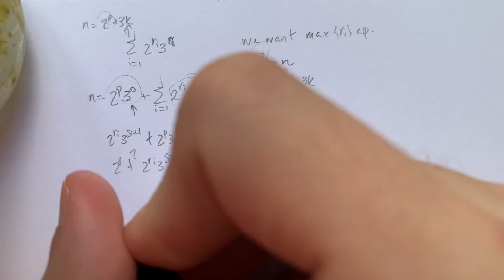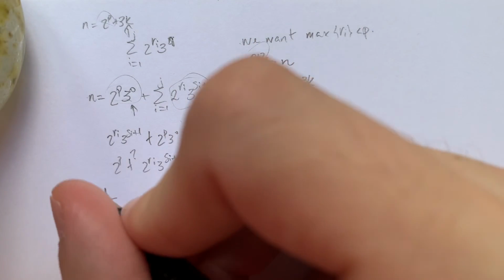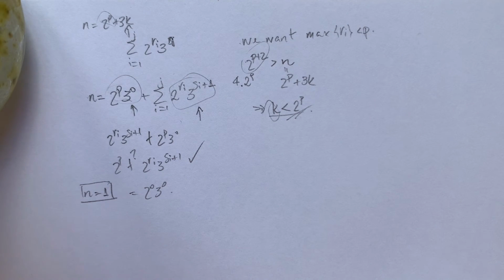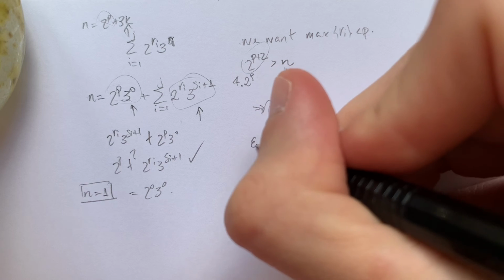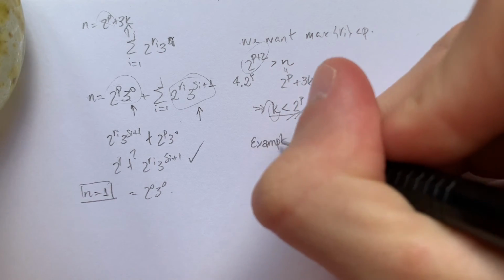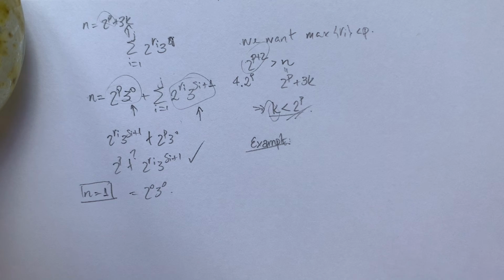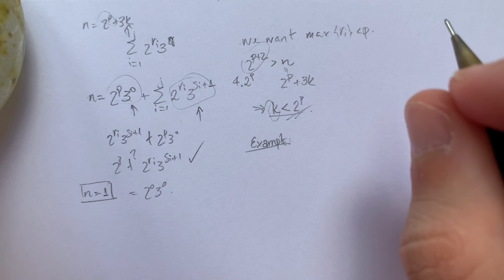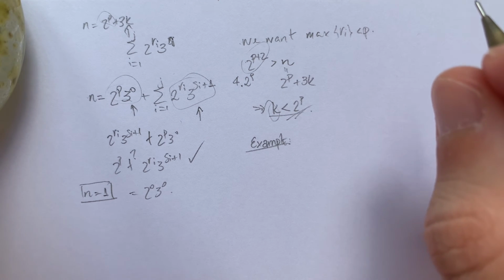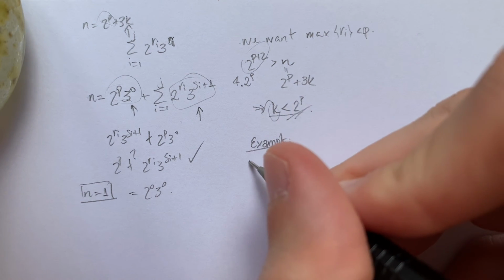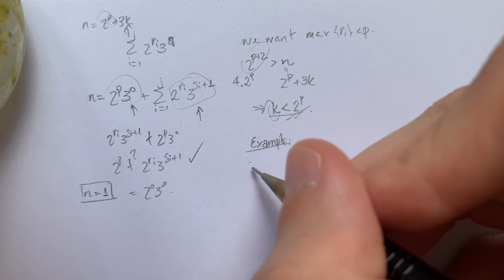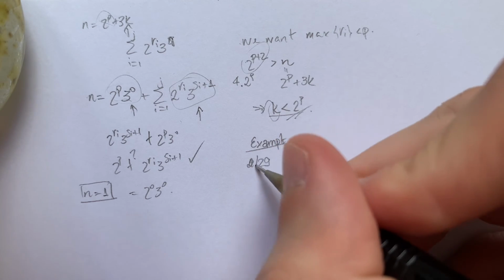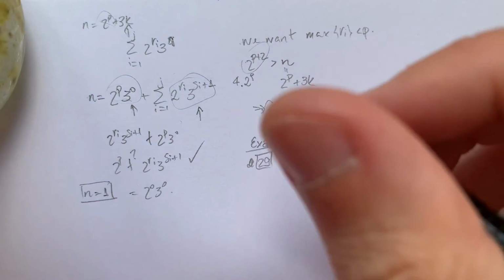Of course, we must not forget the base case: for n equals 1 we simply have 2 to the 0 times 3 to the 0. Maybe I'll just give an example to make it a bit more concrete. Let's say we're trying to represent 29, which is coprime to 6.